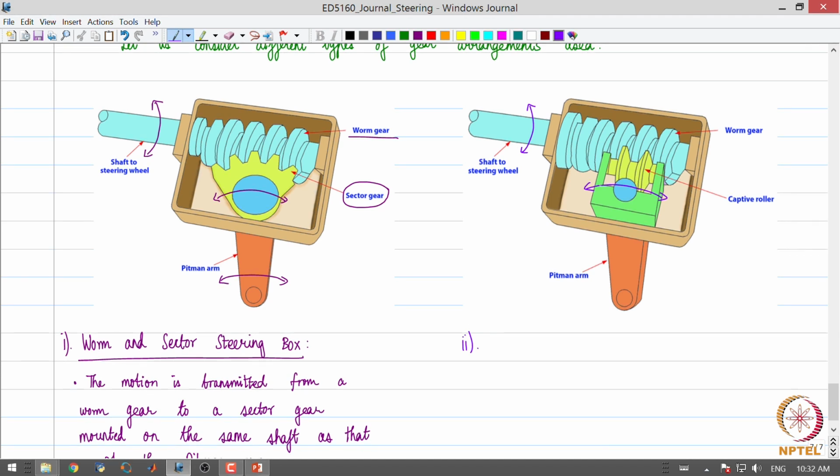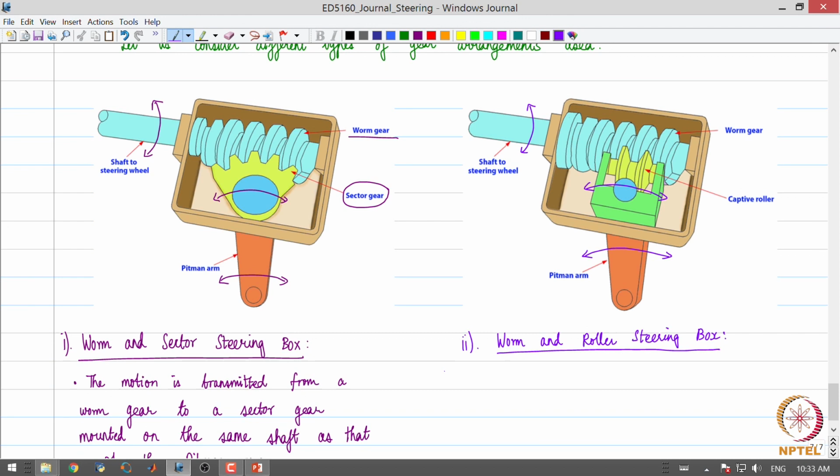So there is a cross shaft on which, at the end, this roller is held captive, and as the worm gear rotates, this roller is going to traverse on the profile of the worm gear and then it is going to twist the cross shaft. So consequently the pitman arm is going to be rotated in this arrangement. So this is what is called the worm and roller steering box.